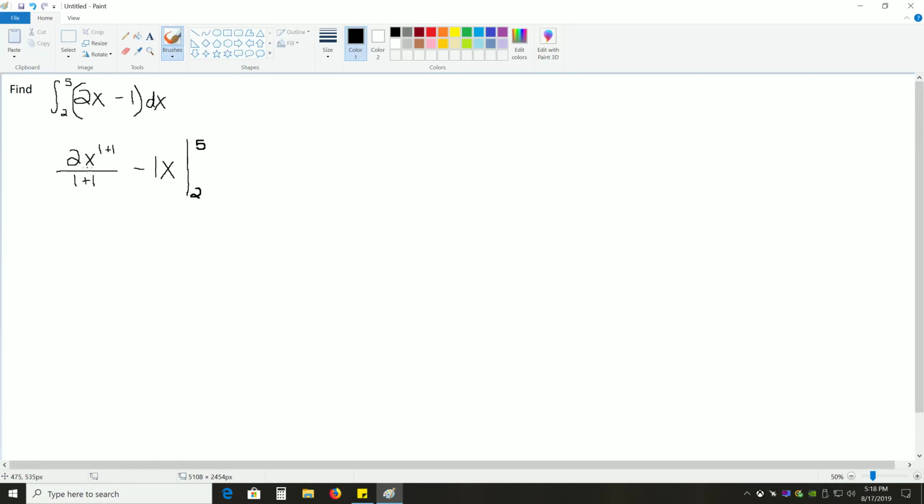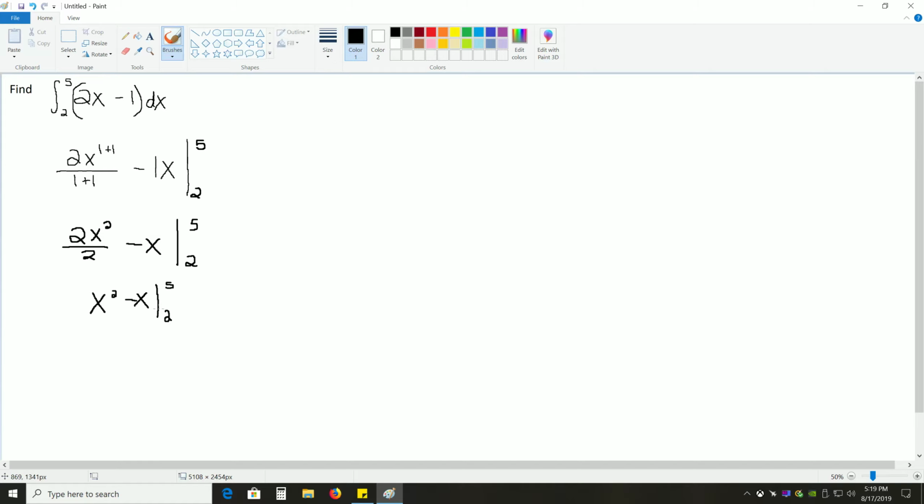We'll start by simplifying. We have 2x squared over 2 minus x from 2 to 5, which simplifies down to x squared minus x from 2 to 5. Now to evaluate the limits of integration, we take the top number and plug it in for every single x.